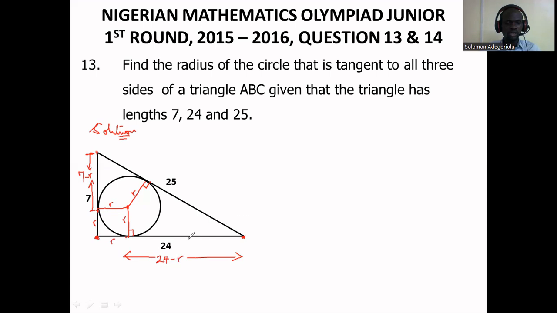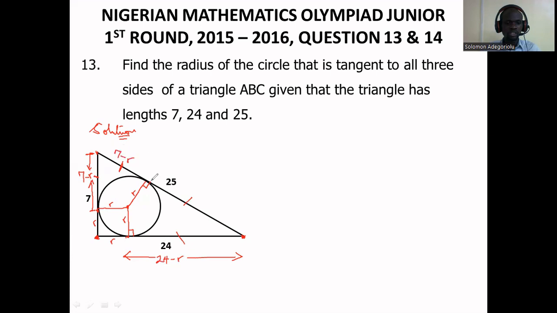According to the property of tangents, we all know that from this point to this point is equal to from this point to this point. That means this side is equal to this side, and also from this part, this side is equal to this side. So if this side is 7 minus r, automatically this side will also be 7 minus r.